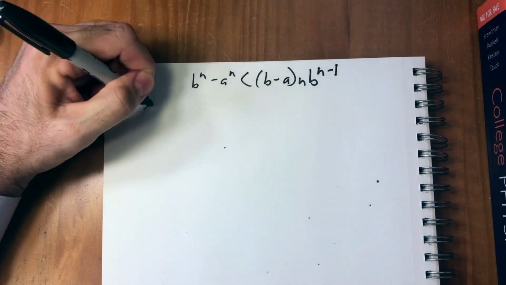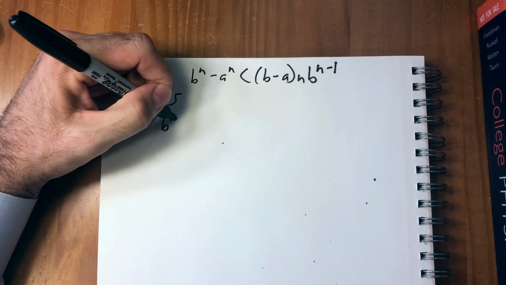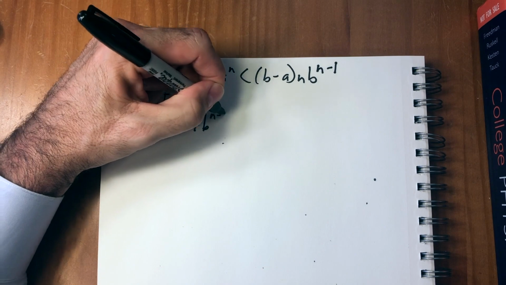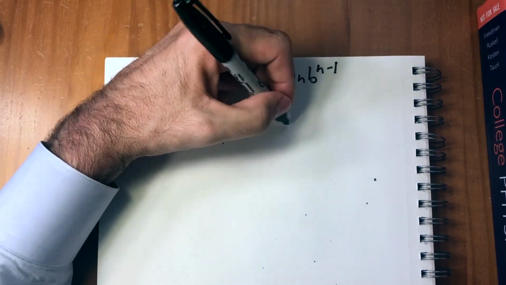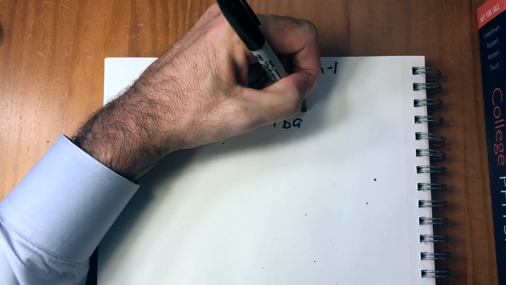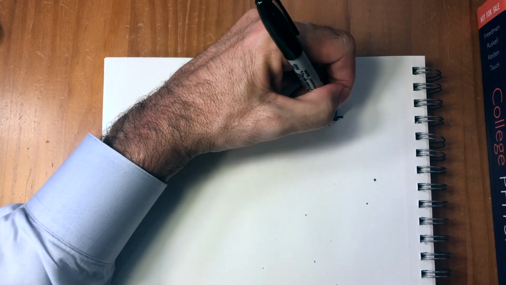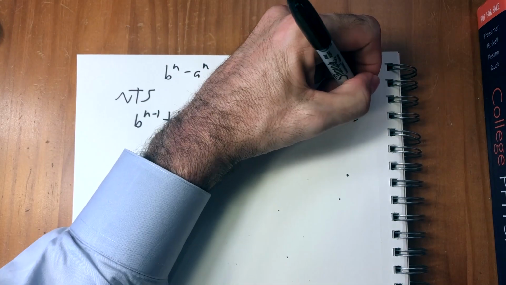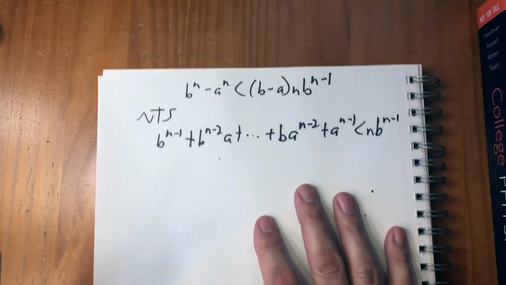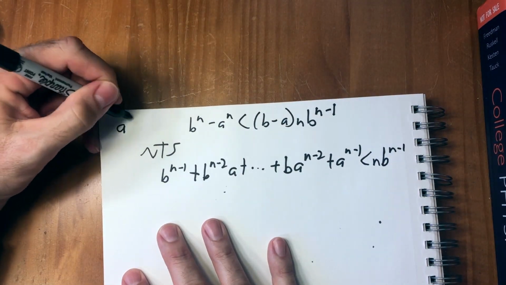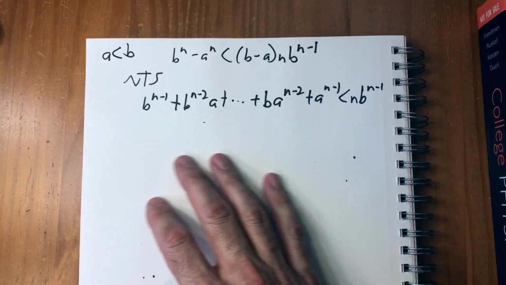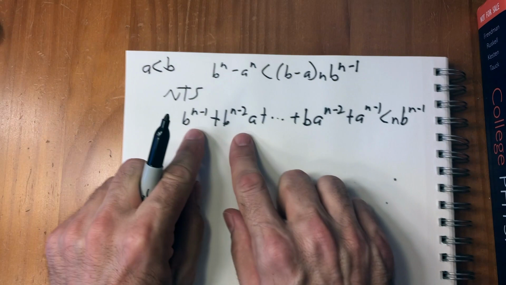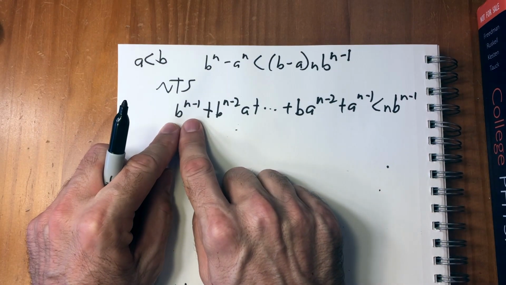So we need to show that b to the n minus 1 plus b to the n minus 2 a plus ... plus b a to the n minus 2 plus a to the n minus 1 is less than n times b to the n minus 1. So the key here is that a is less than b, because if a equals b, then this term is b to the n minus 1.